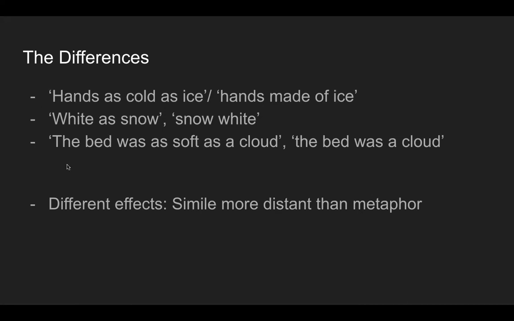So in that way, that kind of underlines this idea here, which is the different effects between simile and metaphor. And that is that simile is a more distant comparison than metaphor. Metaphor, by saying that something is something else, really gives that thing those qualities.